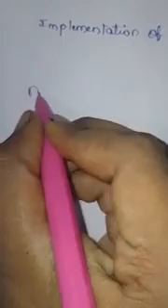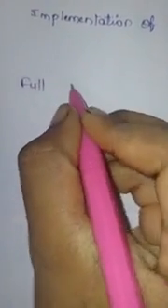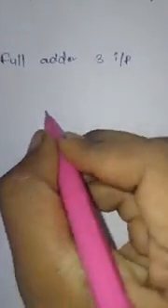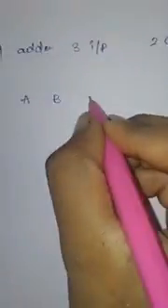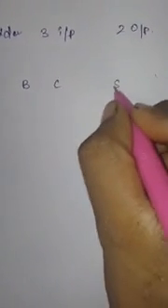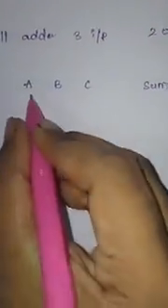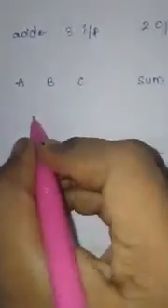A full adder has three inputs and two outputs. A, B, C are inputs. Sum and carry are outputs. Here we get three inputs, so we get 8 combinations.